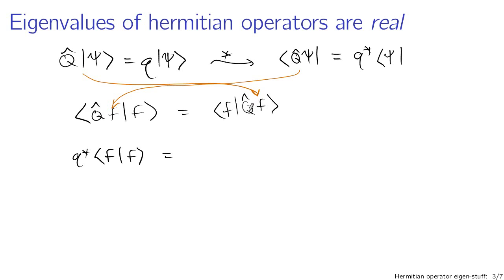Now a number inside an inner product like this is just going to factor out, so we're left with q, the number, times f, inner product with f. And the inner product of a state with itself is always going to be non-zero. So I can effectively divide both sides of the equation by this, and thereby show that q star is equal to q. Therefore, the eigenvalues of the eigenvalue problem for a Hermitian operator are going to be real numbers.